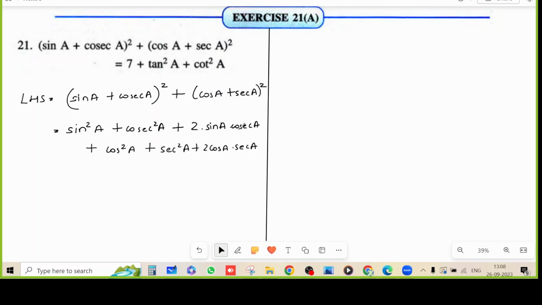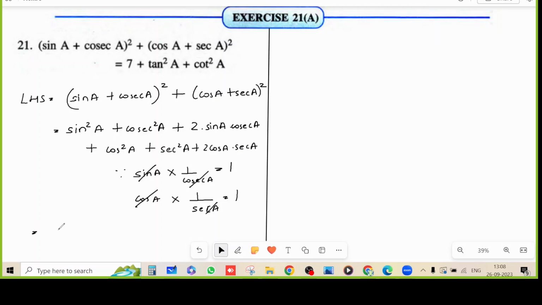Now we know that sin A and cosec A are reciprocal of each other, and similarly cos A and sec A are reciprocal of each other. So sin A into 1 upon cosec A is equal to 1, and similarly cos A into 1 upon sec A is also equal to 1 because they are reciprocal of each other.